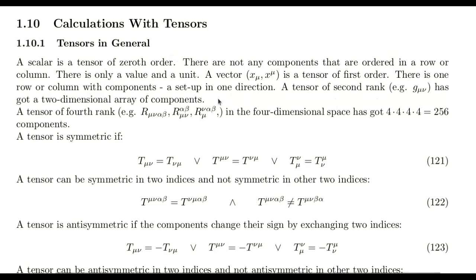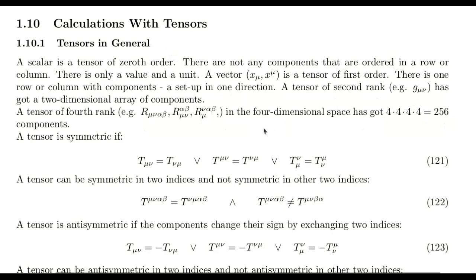For example, if we have a tensor of fourth order or rank, for example R, the Riemannian curvature tensor, in four-dimensional space with 4 indices, that means we have altogether 256 components in this four-dimensional array of components.